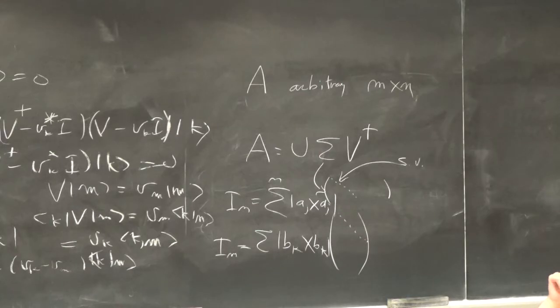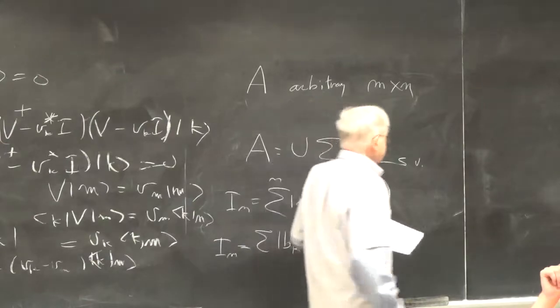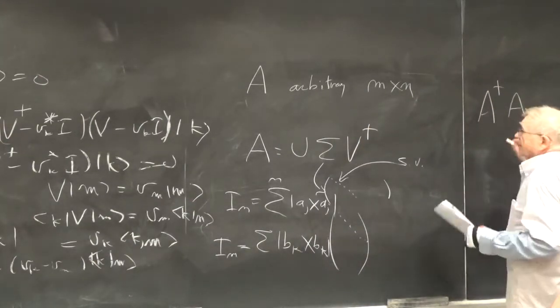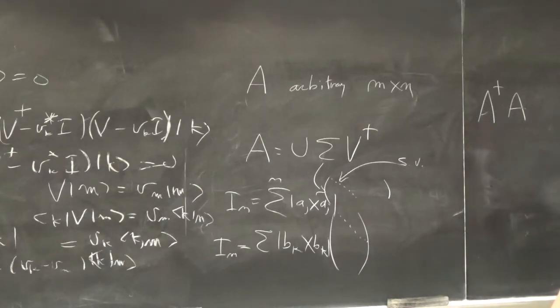And if you choose them in a clever way, you get this singular value decomposition. And the trick is very simple. It's just that you say A dagger A. Now, even though A is just some arbitrary complex matrix that's not even square, if you take A dagger A, this is Hermitian.